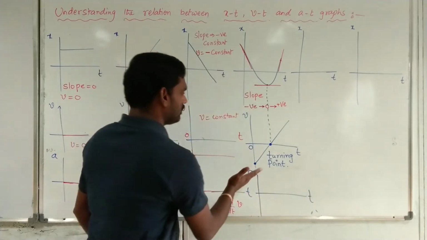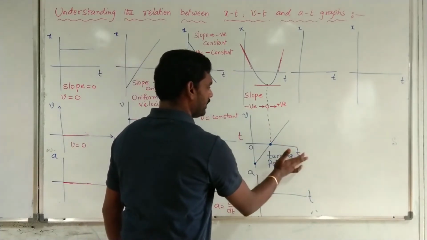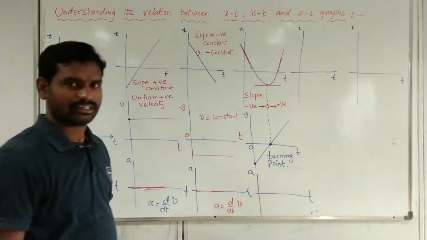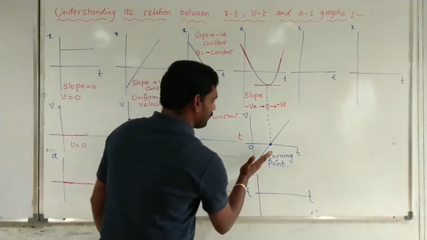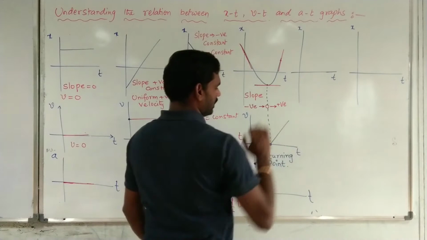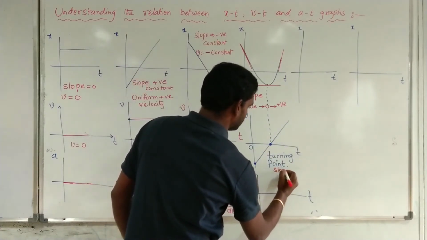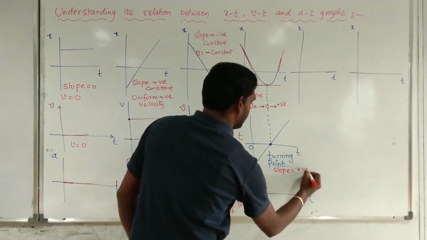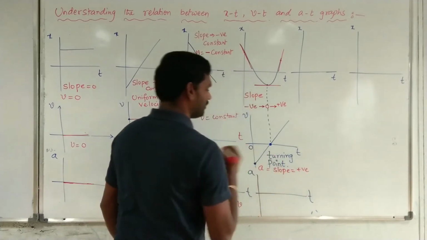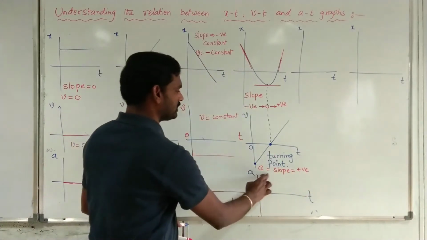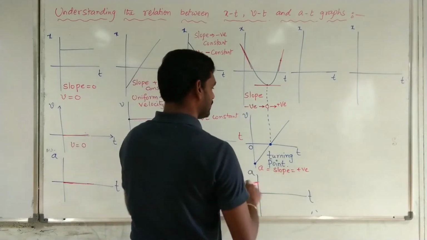See here, the slope of the vt graph is nothing but acceleration. Here the velocity is increasing with respect to time, that means the slope is positive here. So acceleration is positive and constant here.